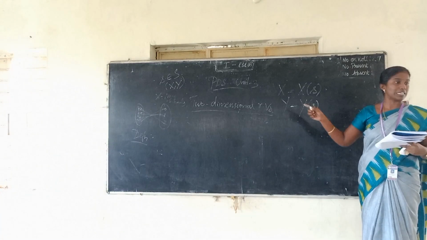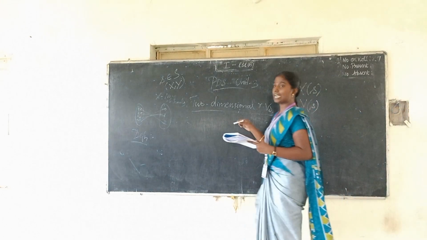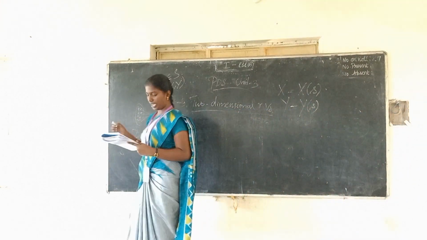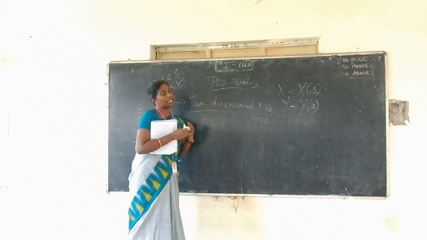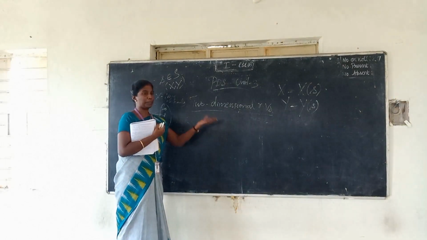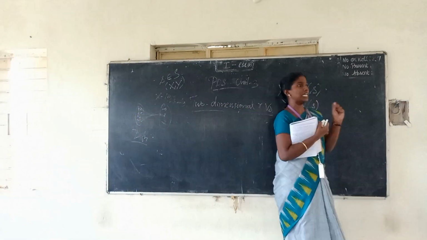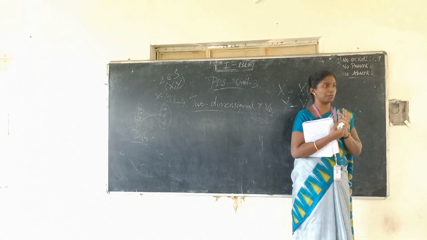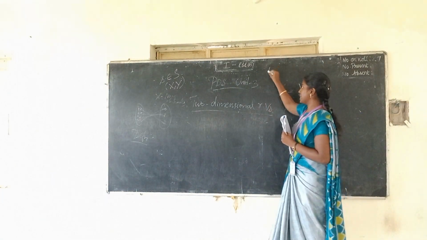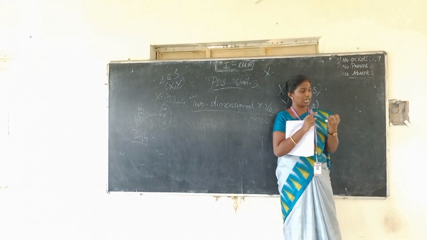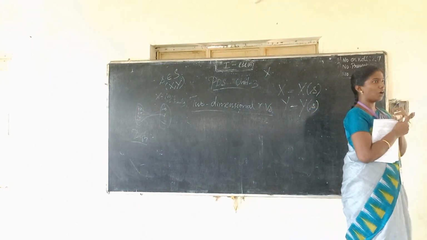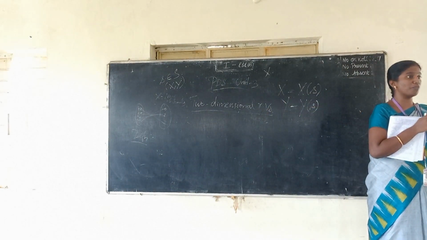So in the previous chapter, we were dealing with only a single random variable, like X, which can be the number of heads or the number of balls.